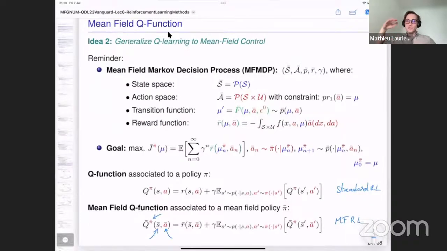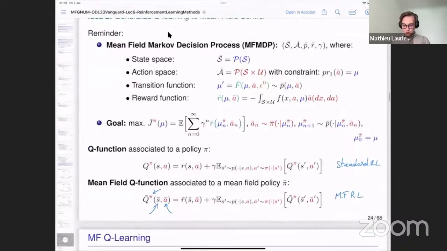So there is a kind of meta policy for the population, and you sample from it, and you get a policy that each agent can use to then sample their actions. That's why there are several levels of randomization in this problem. Nevertheless, if you forget these details and just look at the expression, it looks very much like the standard Q function, except everything is on more complicated spaces somehow. But then there is hope to apply standard Q learning.